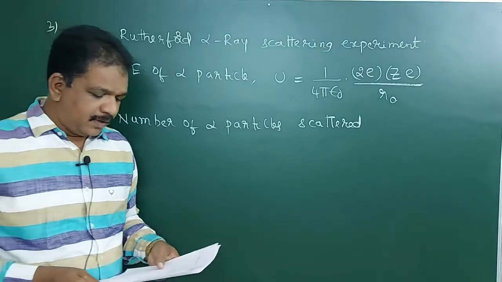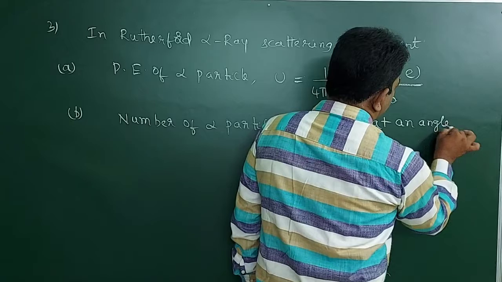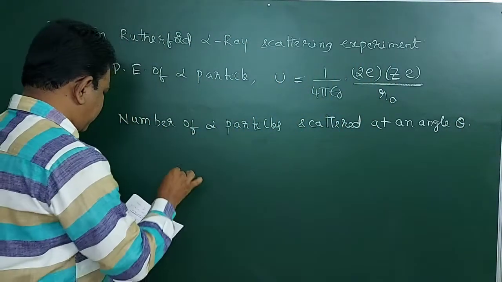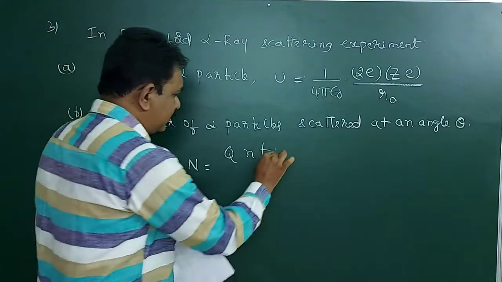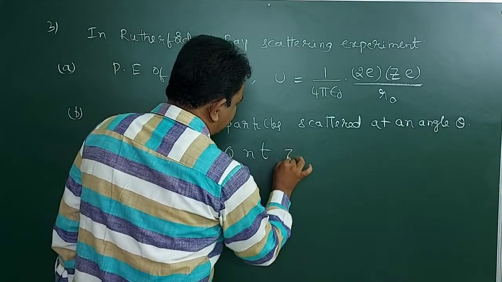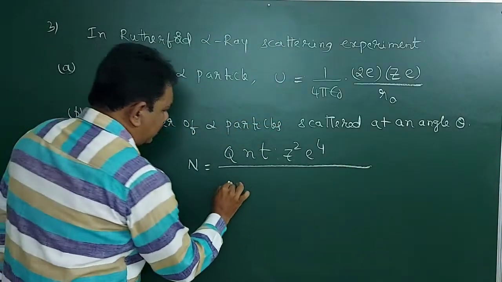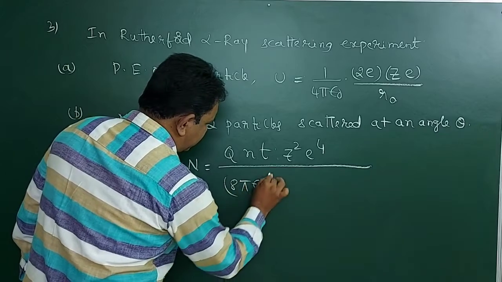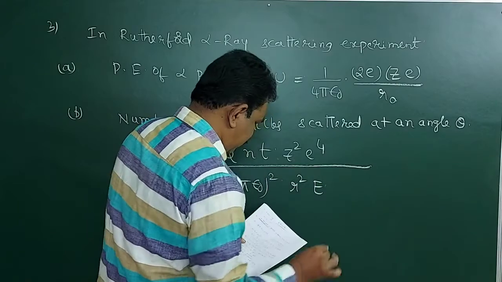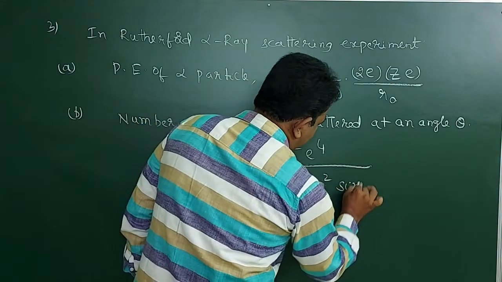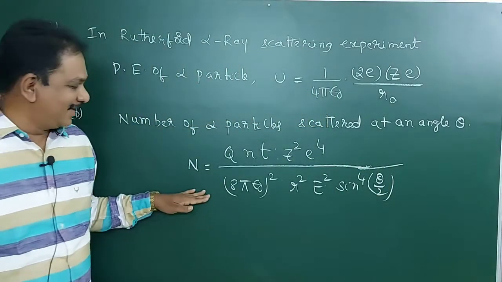The number of alpha particles scattered at an angle theta, capital N, is equal to Q N t Z square e power 4 divided by (8 pi epsilon naught) whole square r square E square sin power 4 theta by 2. Just remember it as a formula, proofs are not required.